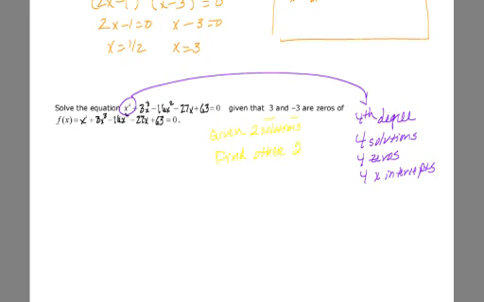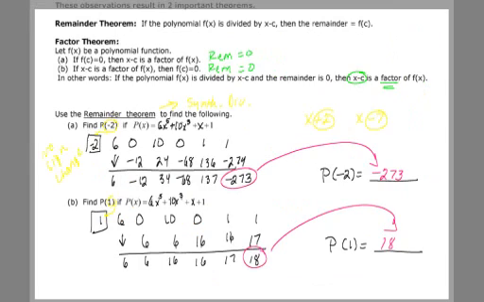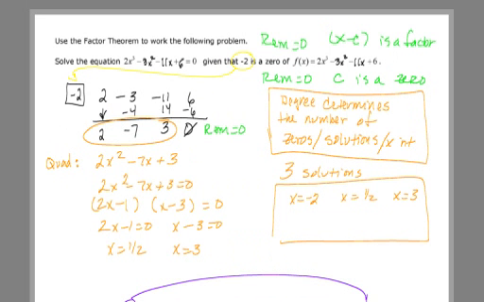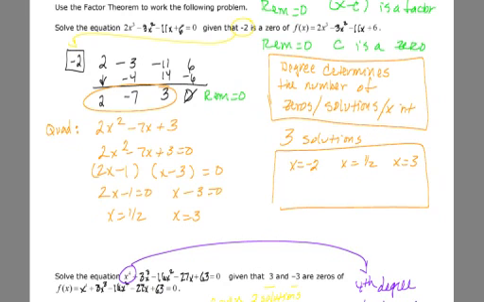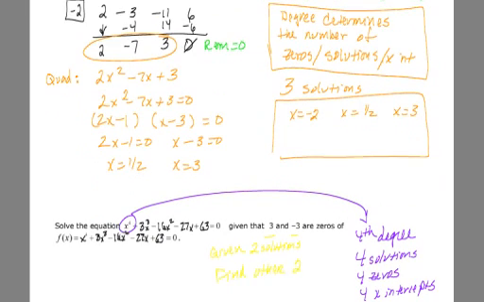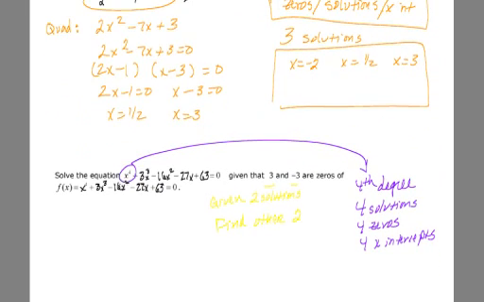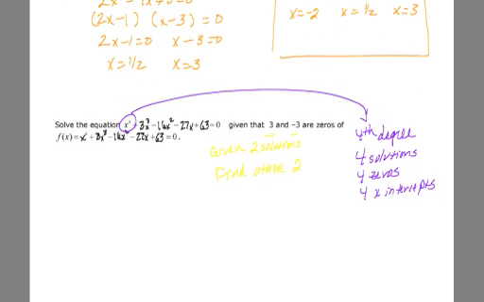You will always be given enough information to find the other 2, and the other 2 will end up coming from a quadratic like we saw earlier. See? The degree was 3. They gave me 1 answer. It dropped down to a quadratic. I found the last 2. The degree is 4. I've been given 2 solutions. I should be able to get it to drop down to a quadratic and find the other 2.